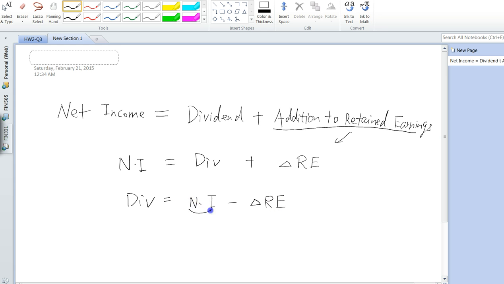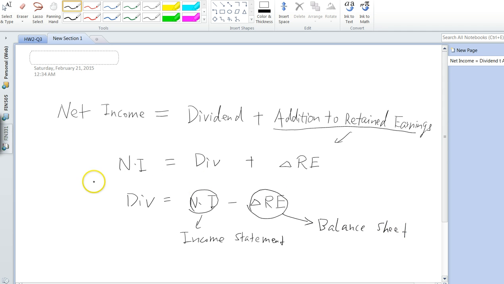So where do we find net income? Obviously that's from the income statement. And where do we find the incremental retained earnings? We can find that from the balance sheet. Hence, we can solve for dividend here.